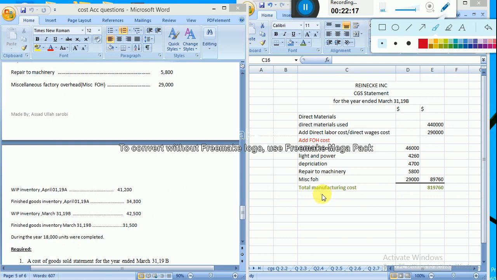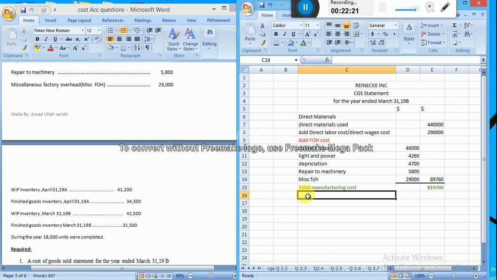So total work in process, we will add these two. So add now here opening work in process, beginning work in process, don't be confused. Opening and beginning are both the same.